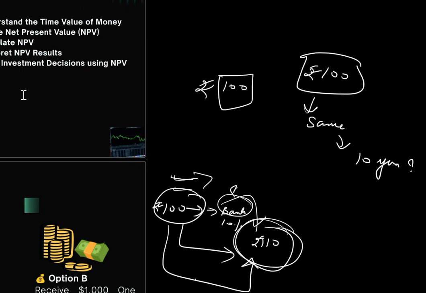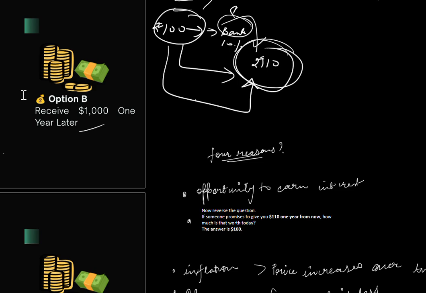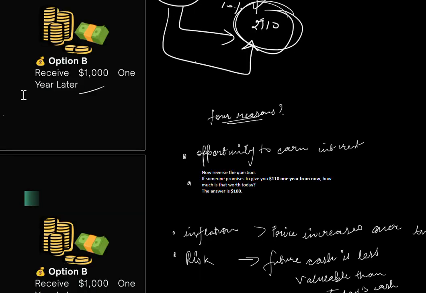You have to understand the meaning of discounting, because I'm going to use it throughout the session. So what is discounting? When we convert future money into today's value, it is called the process of discounting.